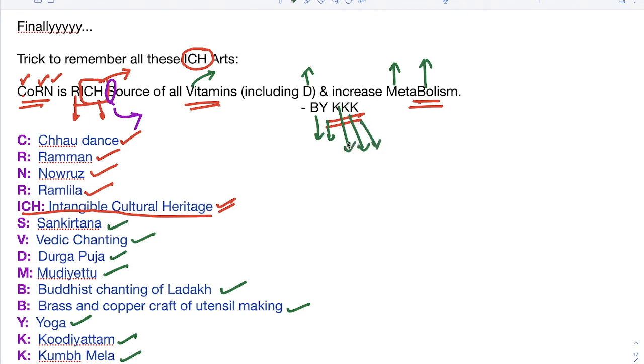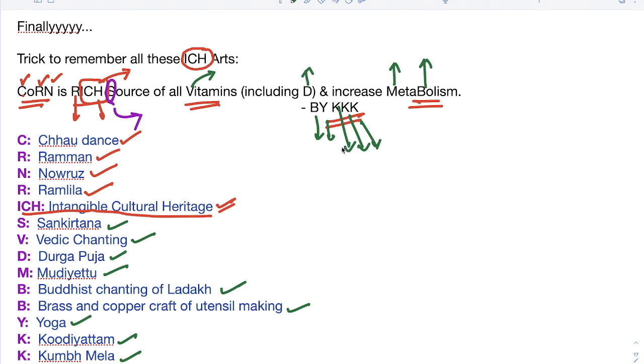So this is the best trick you have to remember for all the ICH forms. Not only remember the trick, also remember the small points which are discussed in this video. Okay, you may get a question like that also. Which of the following are true regarding Mudiyettu or regarding Sankirtana of Manipur, like that also.